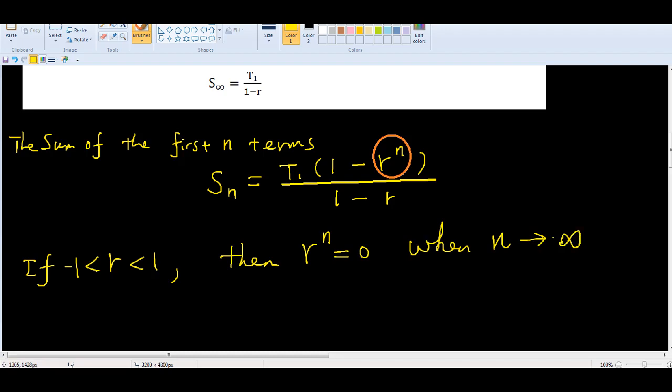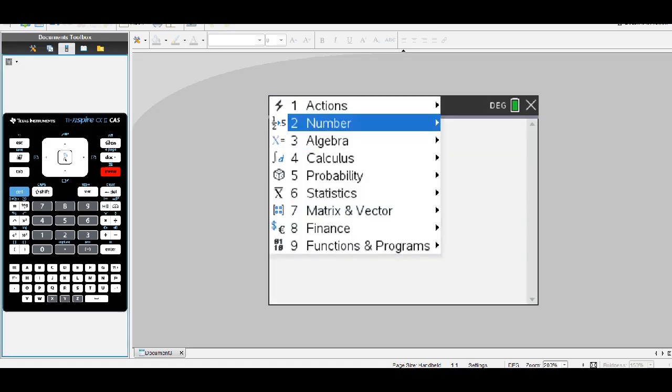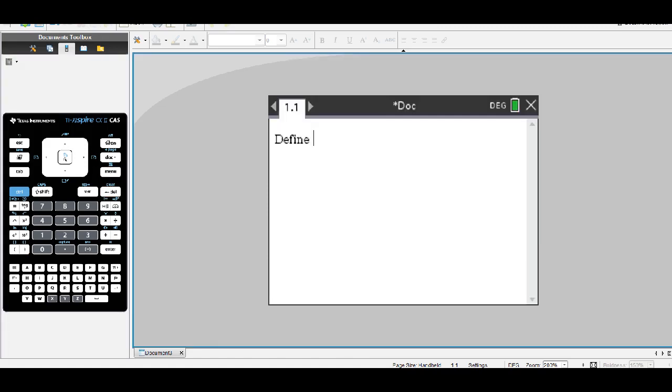How is this possible? Let me give you some illustration. Let's use 1/2, which is 0.5, as an example. Let's define a function like 0.5 to the power x, with 0.5 being 1/2.